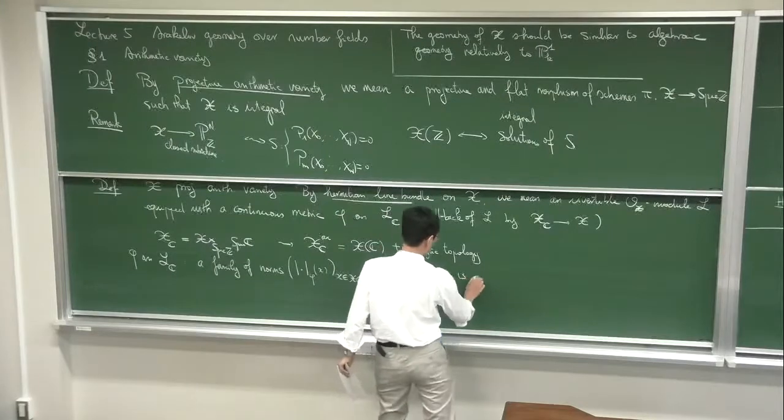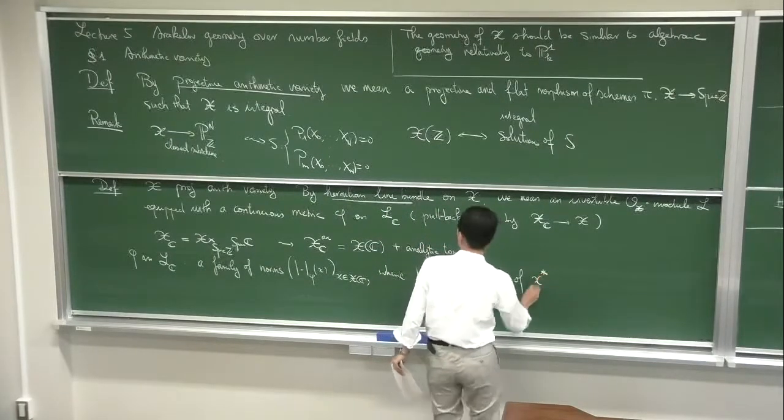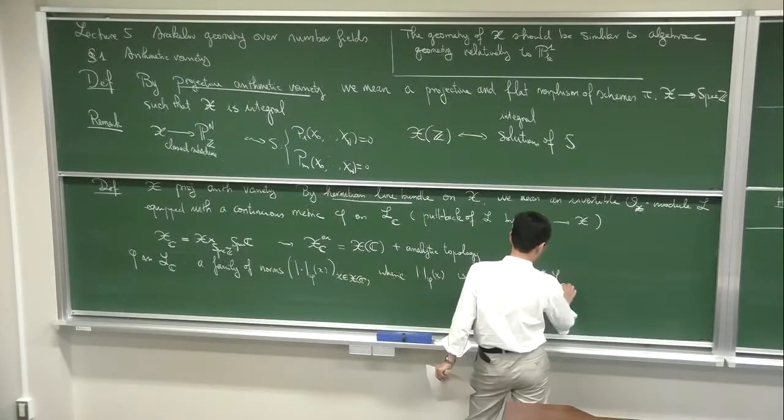So the norm at x is a norm of x up star your LC.